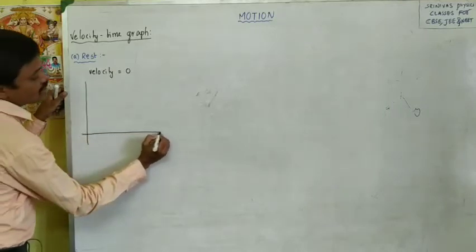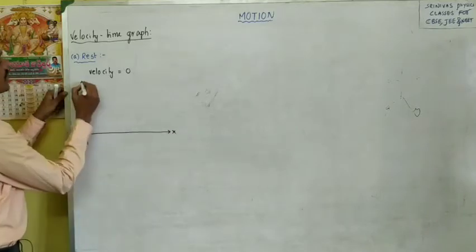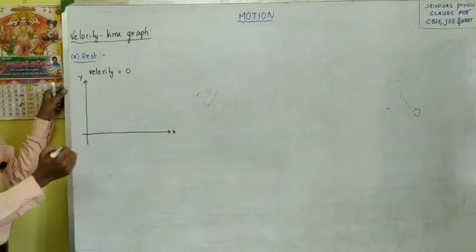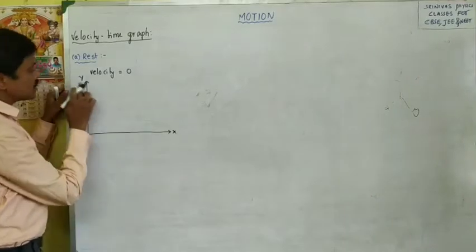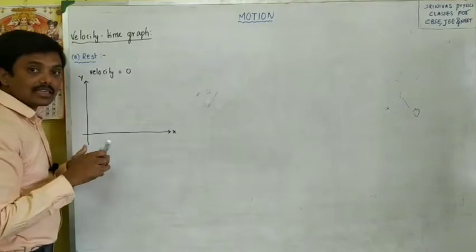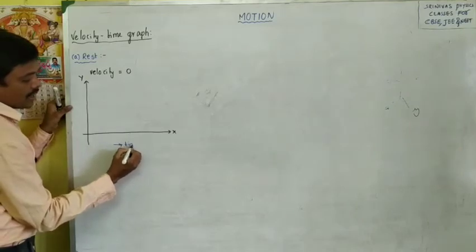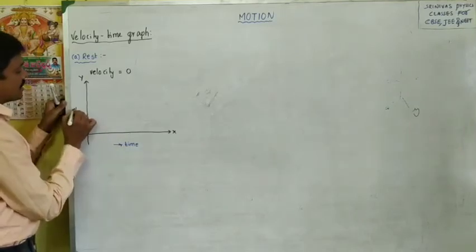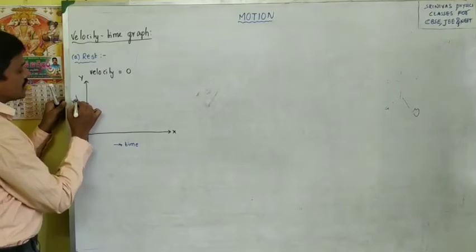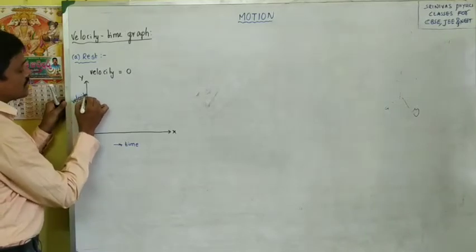This is the x-axis and this is the y-axis. On the x-axis I am taking the time, and on the y-axis I am taking the velocity, because it is a velocity time graph.